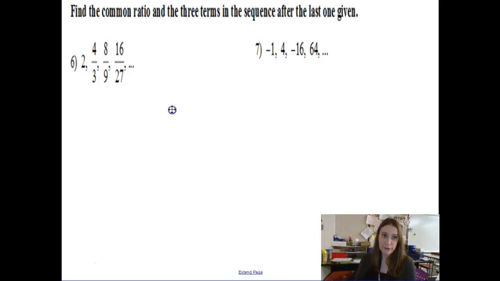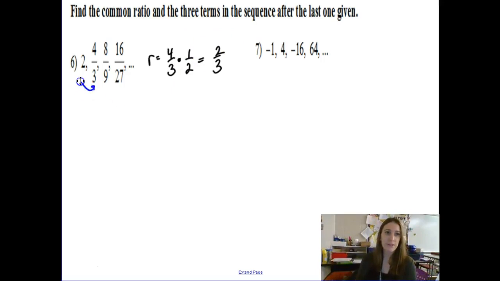Alright, they do that thing with the fractions that I don't like. So if we could figure out the pattern here, I could rewrite it maybe as a fraction, but let's just find the common ratio. Let's see if that works. So taking the second term, 4/3, and dividing it by 2, which we know dividing by 2 is multiplying by 1/2. According to this, the common ratio would be 2/3. So let's see if that works.